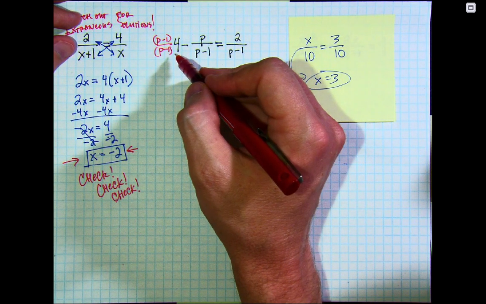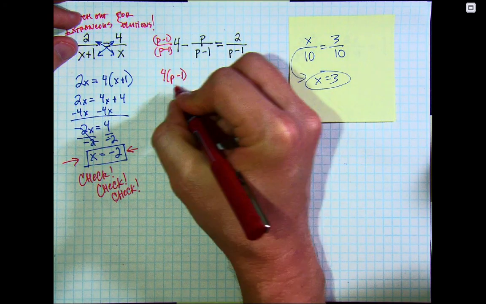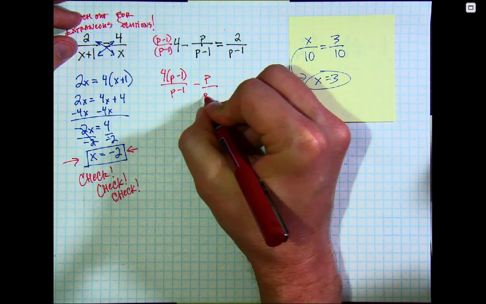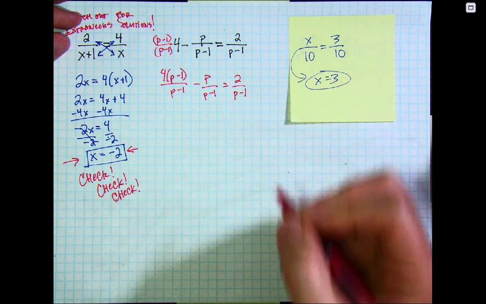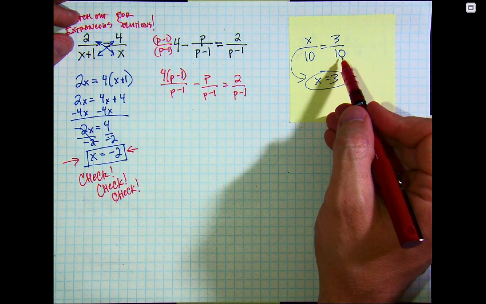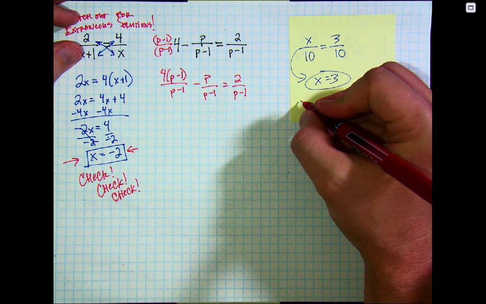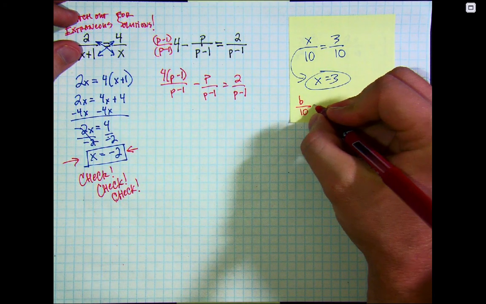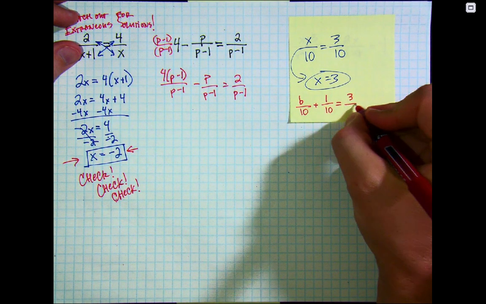And so I'm now going to have 4 times p minus 1 over p minus 1 minus p over p minus 1 equals 2 over p minus 1. Okay, so now at this point, can I expand this earlier analogy and say, what if my problem was b over 10 plus 1 over 10 equals 3 over 10?